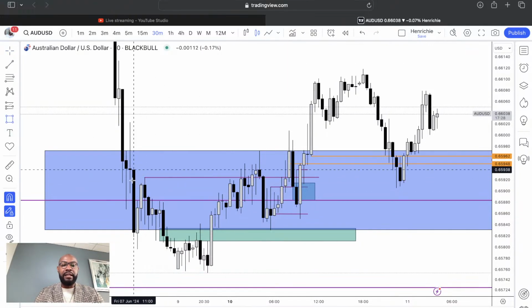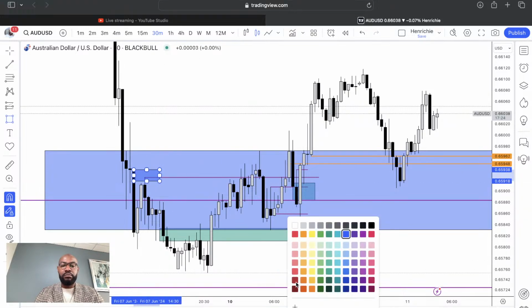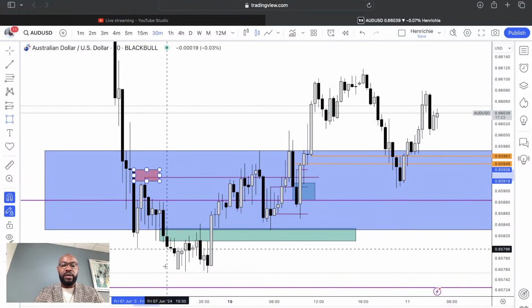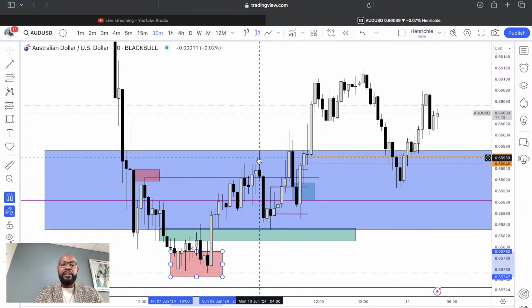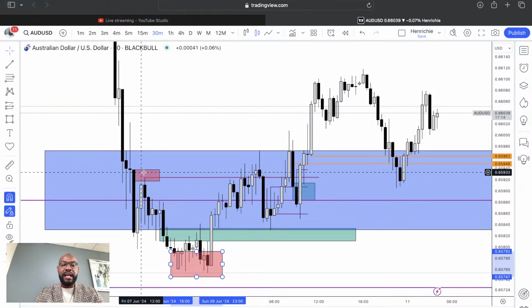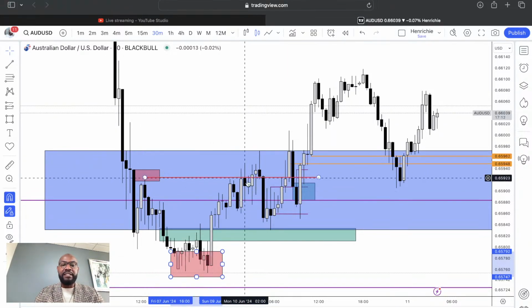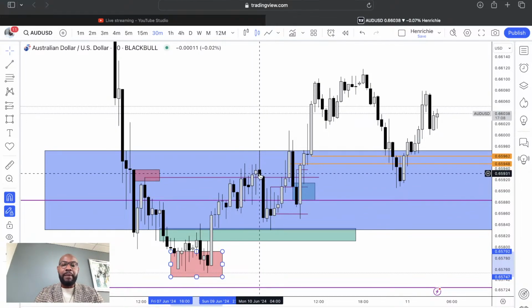I'll outline the high as well. We have this high resting right here. And then we'll have this low. Right here, you can see price wicked above the previous high, but it didn't break above it, dropped down, broke the structure, closed above it.